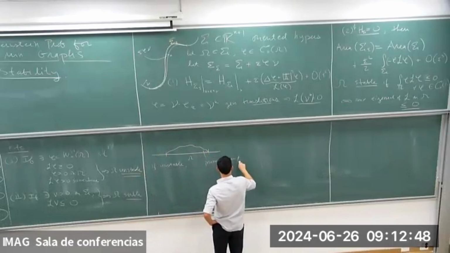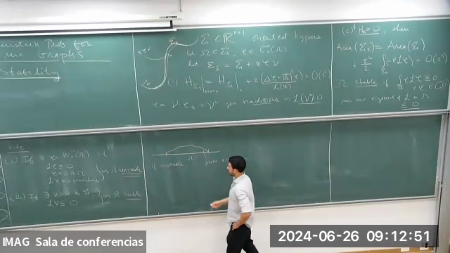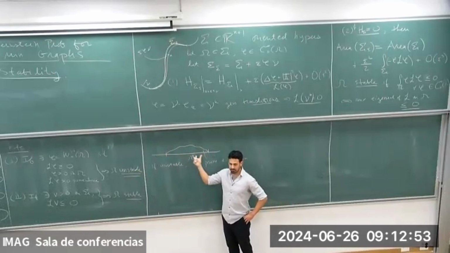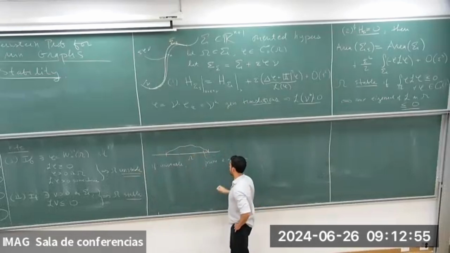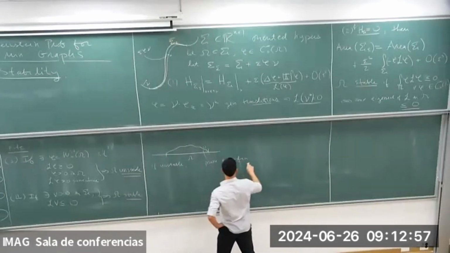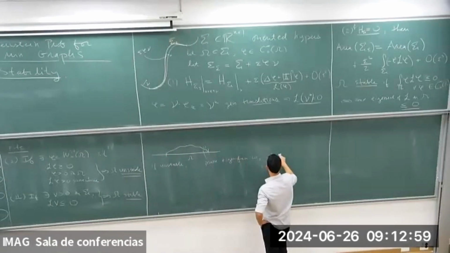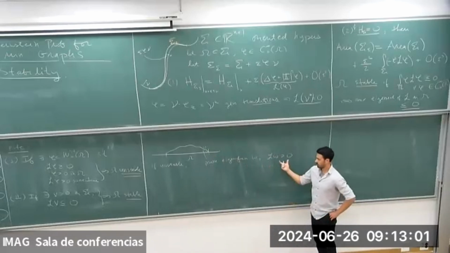It vanishes on the boundary, it's positive, and we'll call it W. W is going to be positive inside the domain.